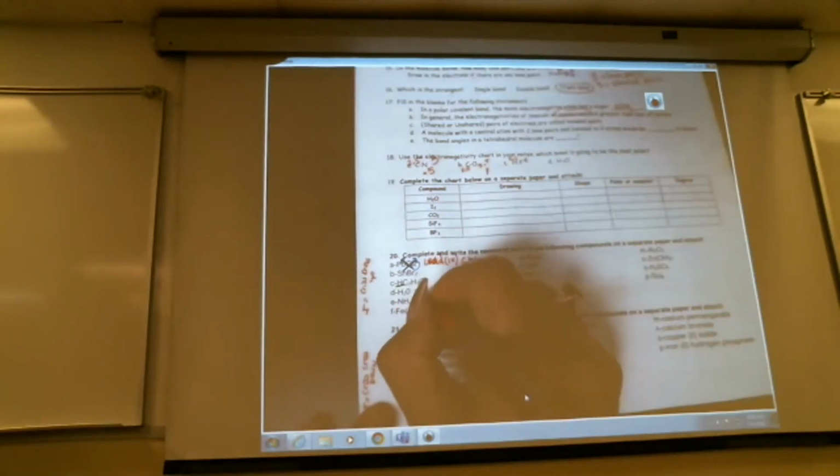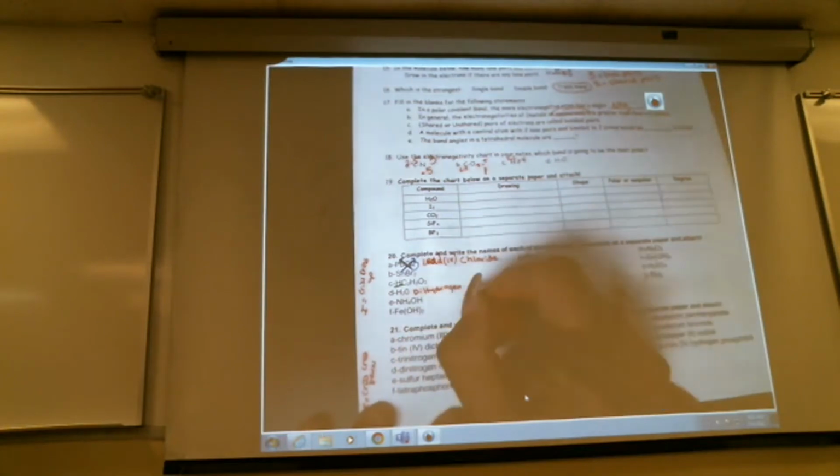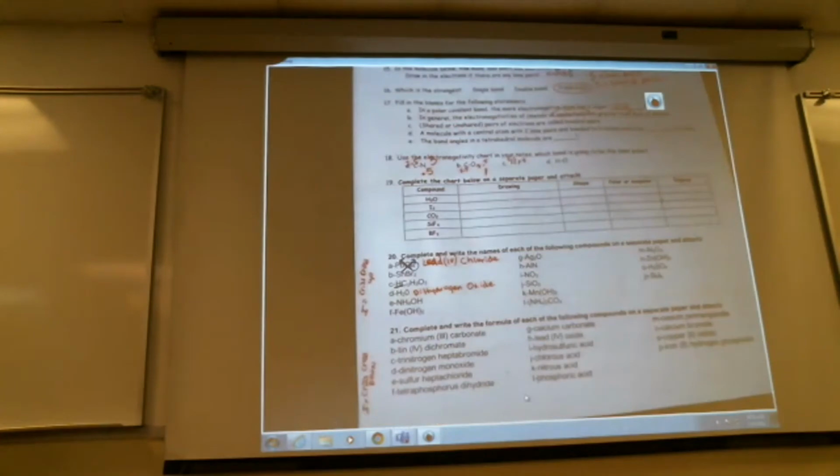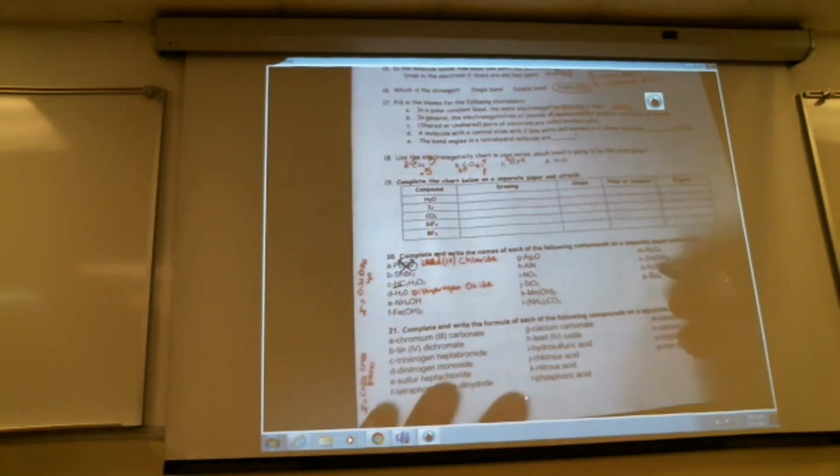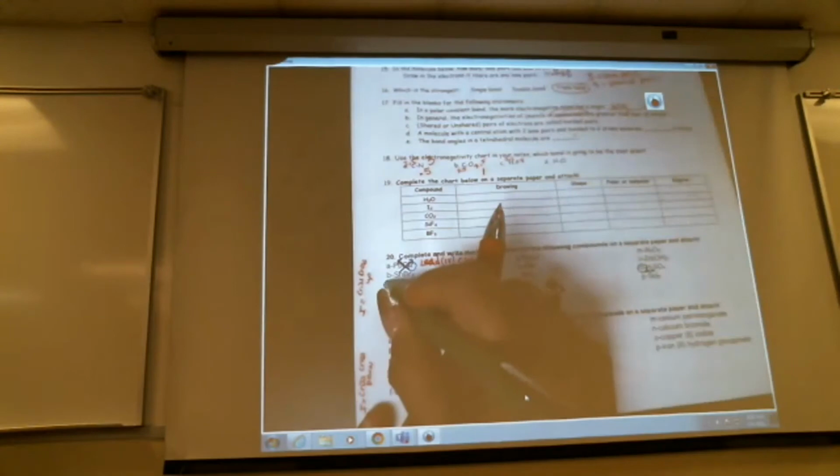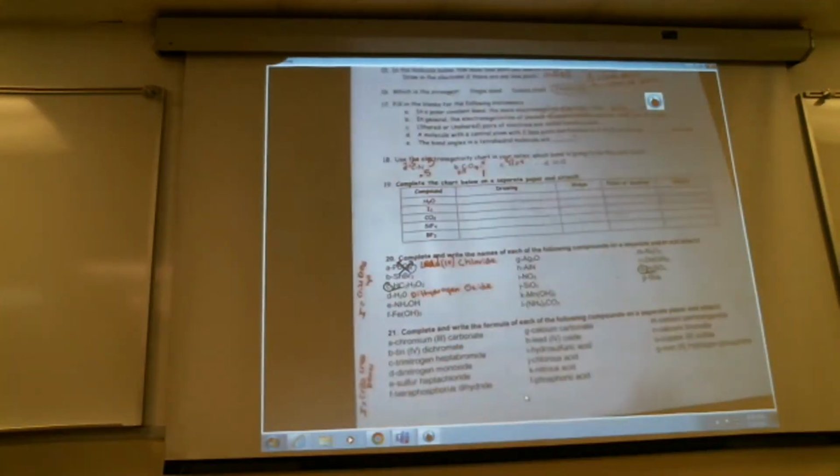So dihydrogen oxide. That is the real name for water. Okay? So don't forget the acids. I see that there's only 2 acids. I'm going to circle them in green. Letter C and letter O. Don't forget, if it's a covalent bond, it needs to have the prefixes.